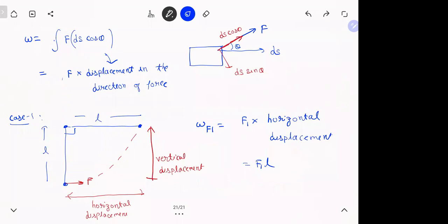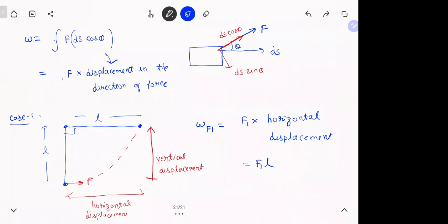But a better way, remember this thing: force into displacement in the direction of force. Because till now, you guys used to write force in the direction of displacement into displacement, remember? Then you're writing F cos theta into S. We are writing here F into S cos theta. Both are one and the same. In school they taught you as force in the direction of displacement.